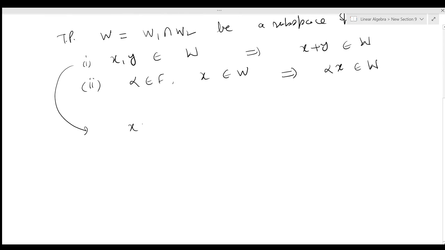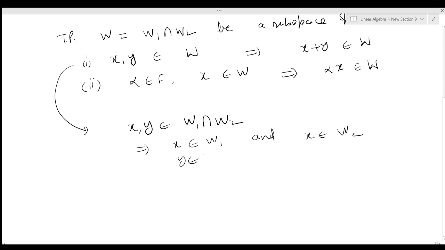This means x, y belong to W1 intersection W2. So we can write this as x belongs to W1 and x belongs to W2, y belongs to W1 and y belongs to W2. So guys, from here, if x, y belong to W1, and as you know that W1 is a subspace, so we can write x plus y belongs to W1.